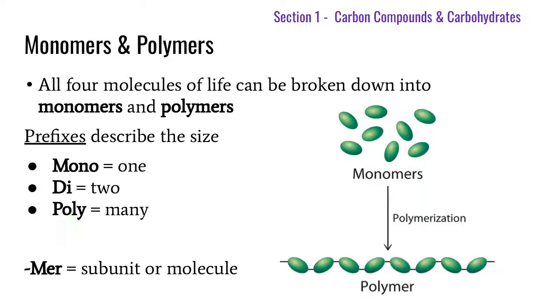And then poly means many. So we have many pieces that are coming together to make a polymer. And then the term mer means a subunit or molecule. When I put those together, monomer, 1 subunit, dimer, 2 subunits, polymer, many subunits.